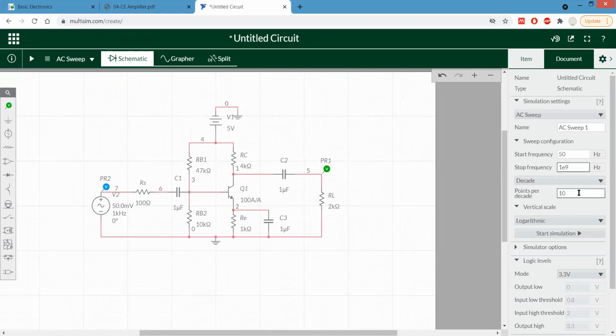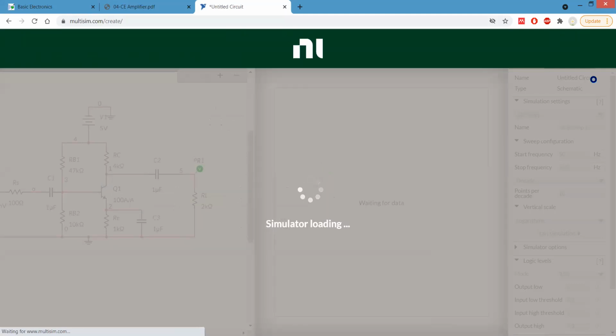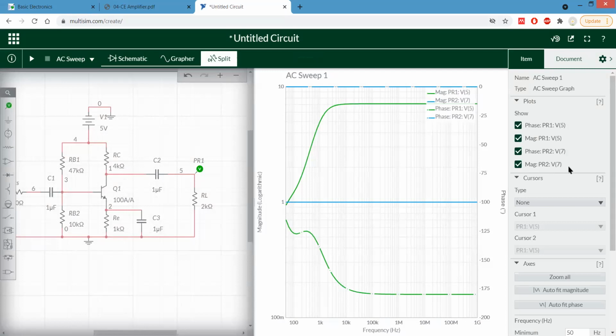Points per decade is 10. Now I think we can run it and view the output. We do not want phase, only the magnitude, and only the output is required.